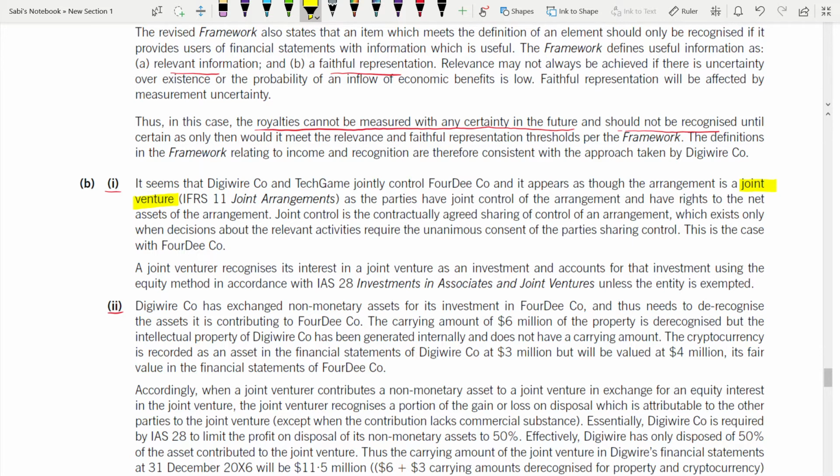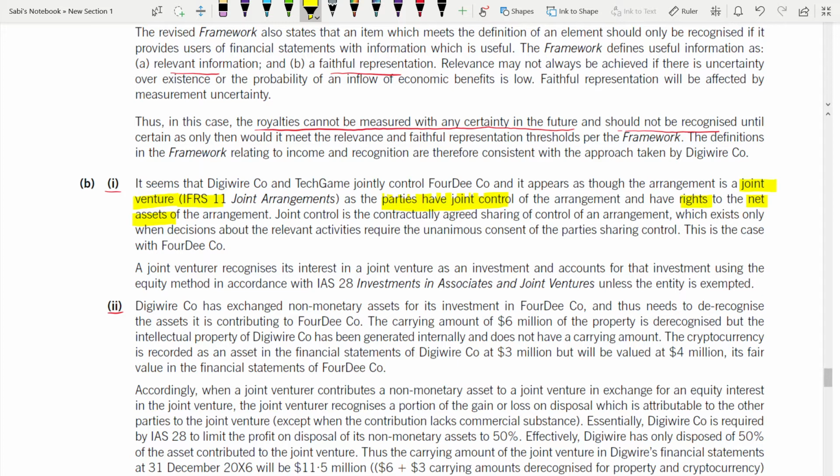IFRS 11, joint operation or joint venture. But this is a joint venture. Why does IFRS 11 apply here? Why joint venture? You have to tell that also. As parties have joint control of the arrangement and have rights to the net assets. They have rights. Very important. One is joint control, second is right to the net assets.